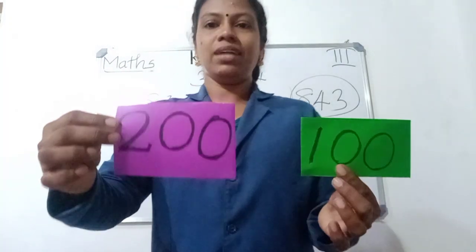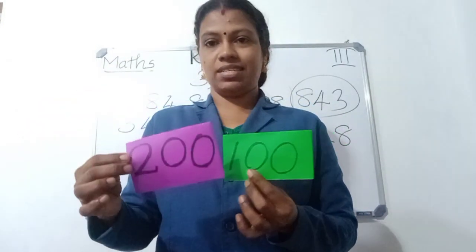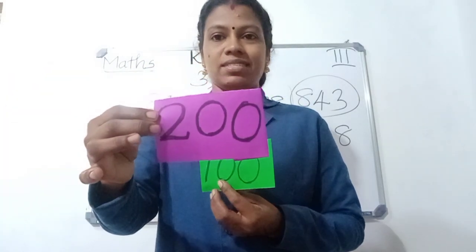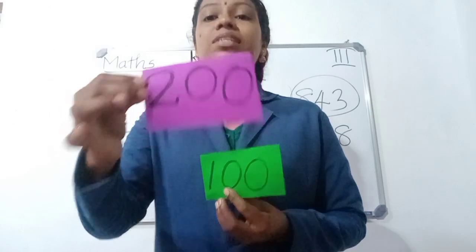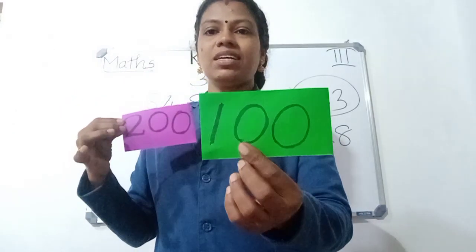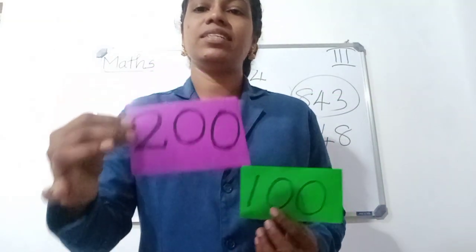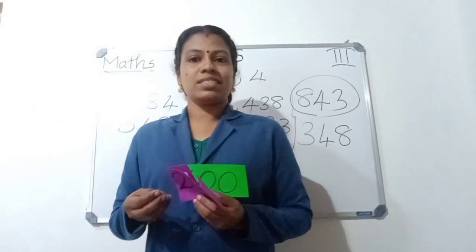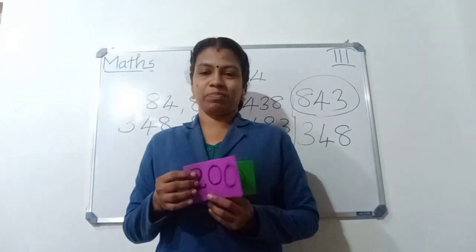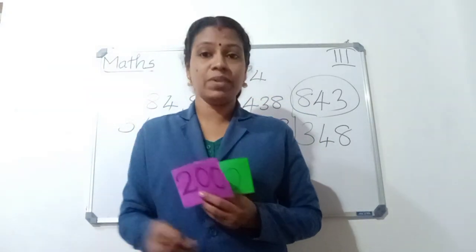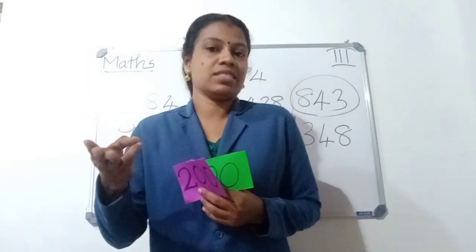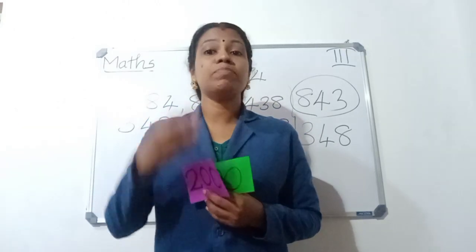But 200, there are 200s. So we call it as double century. This is century and this is double century. Like 300, we call it as triple century. 300 is called as triple century.